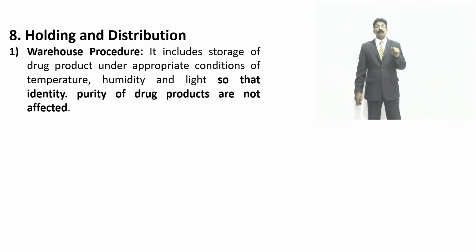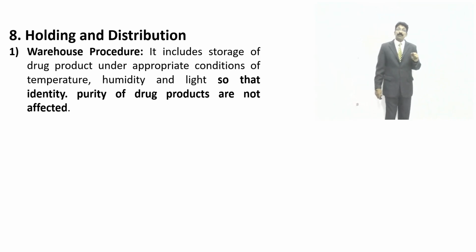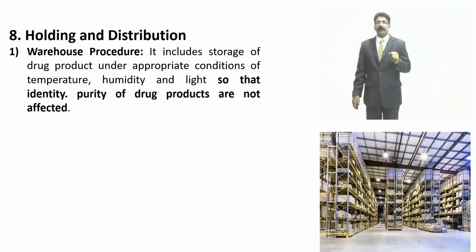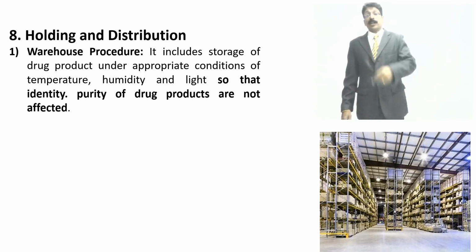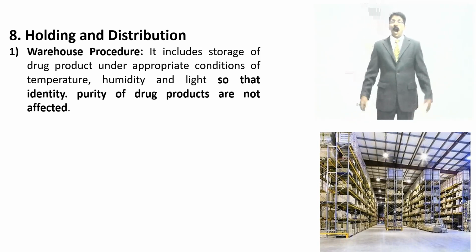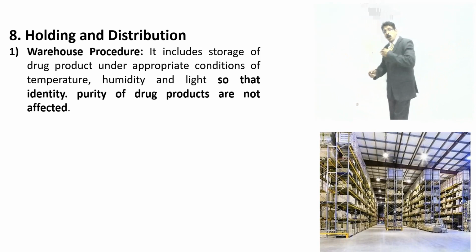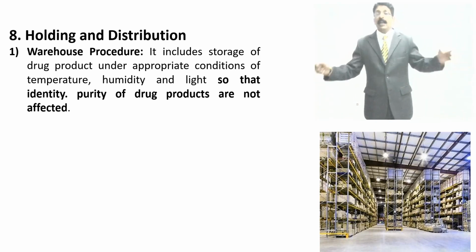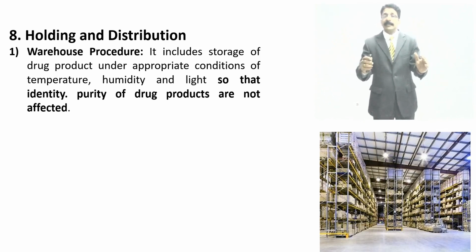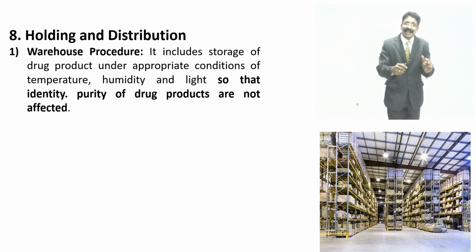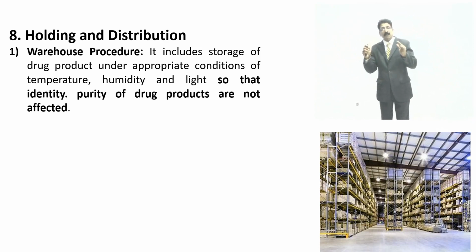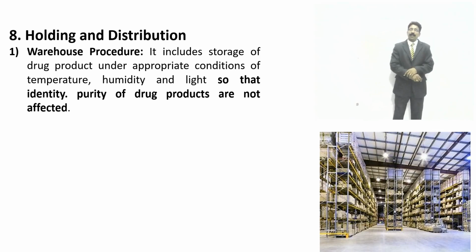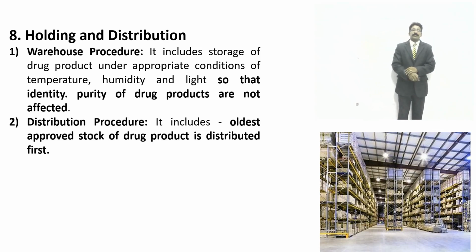That is very important. Appropriate conditions of temperature and humidity should be maintained. And for the storage condition, you can see the picture, how long and wide and spacious it is, maintained with lighting arrangements and without any environmental contamination, including microorganisms.